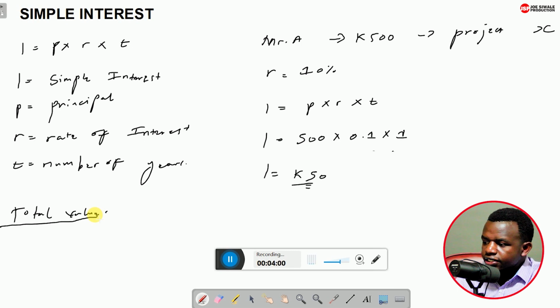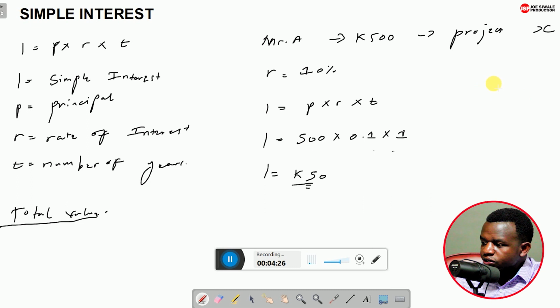Let us look at this same example for Mr. A. Can you calculate the total value of the investment after the first year for Mr. A? We're going to calculate the simple interest in our first year, which we have already calculated as 50 kwacha, and add this 50 kwacha to the initial investment, which is 500 kwacha.